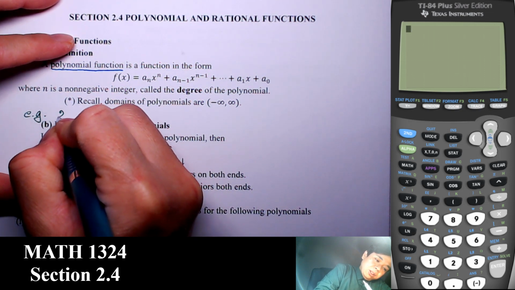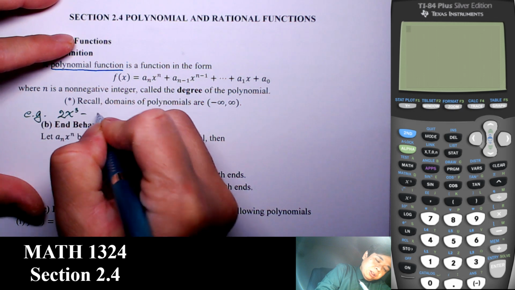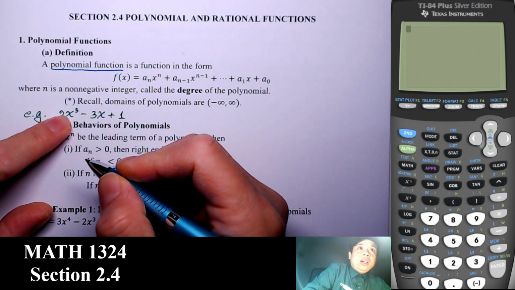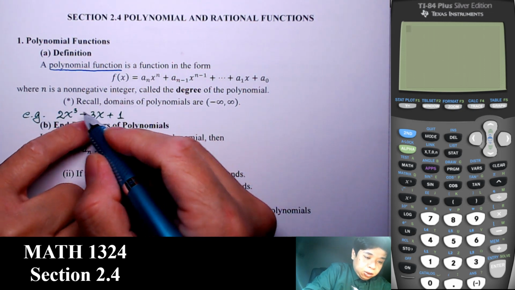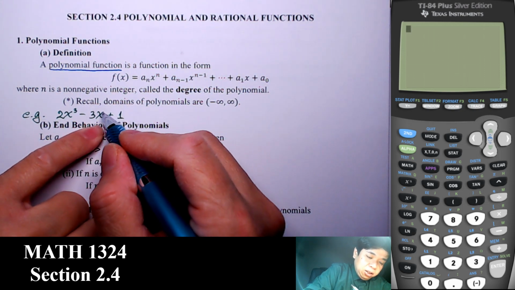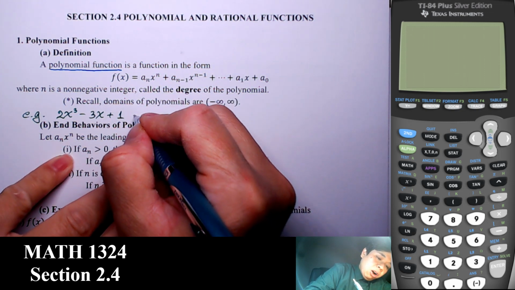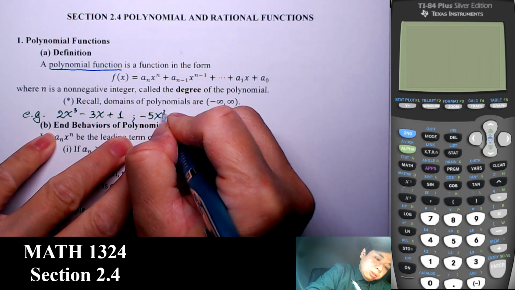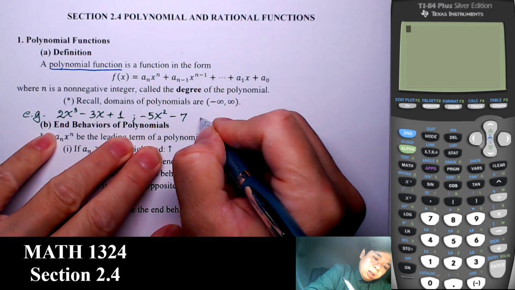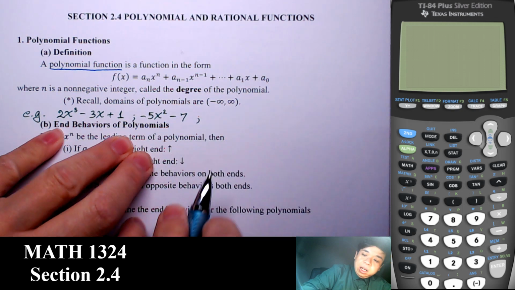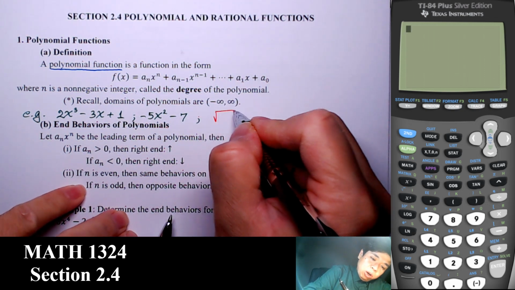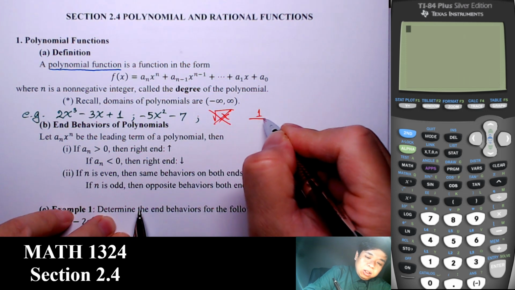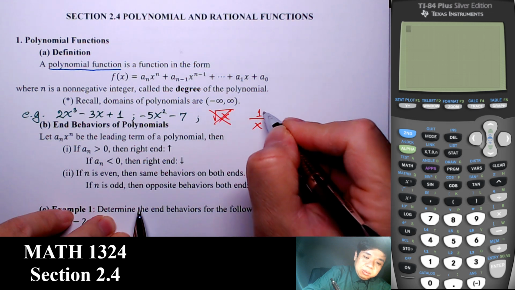So we have something like that, x raised to a power which is a whole number, and then the combination of those terms with constants. But we cannot have something like the square root of x. We cannot have 1 over x, with x in the denominator.